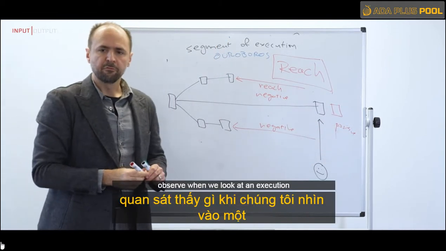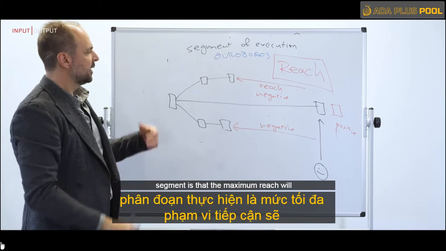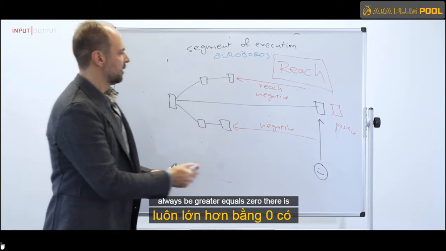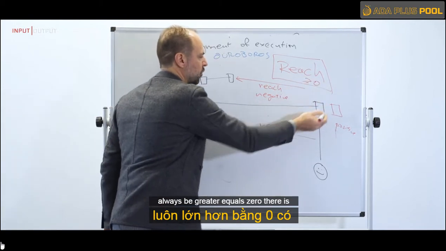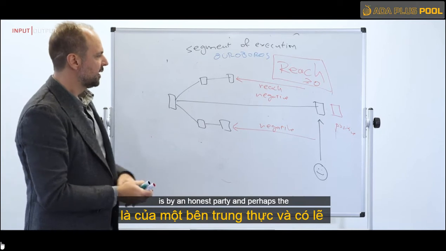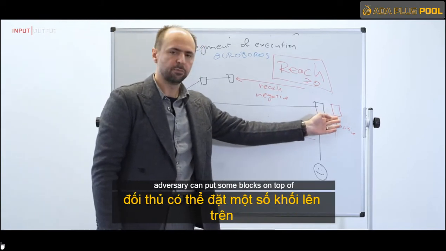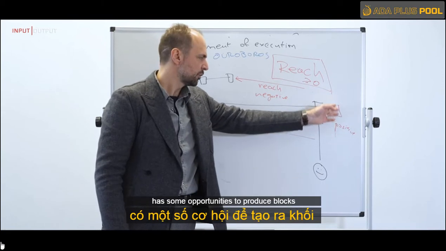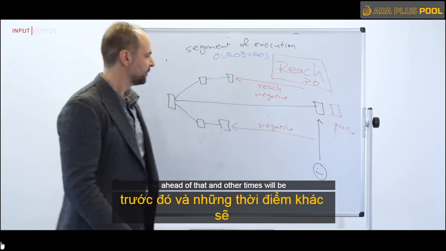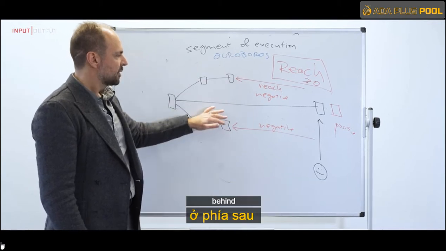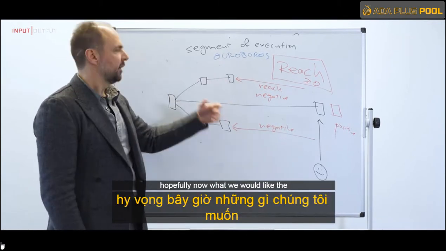So what we observe when we look at an execution segment is that the maximum reach will always be greater or equal to 0. There is one block that is the leading one, by an honest party, and perhaps the adversary can put some blocks on top of it, because he has some slots here, some opportunities to produce blocks ahead of that. And other tines will be behind, hopefully.